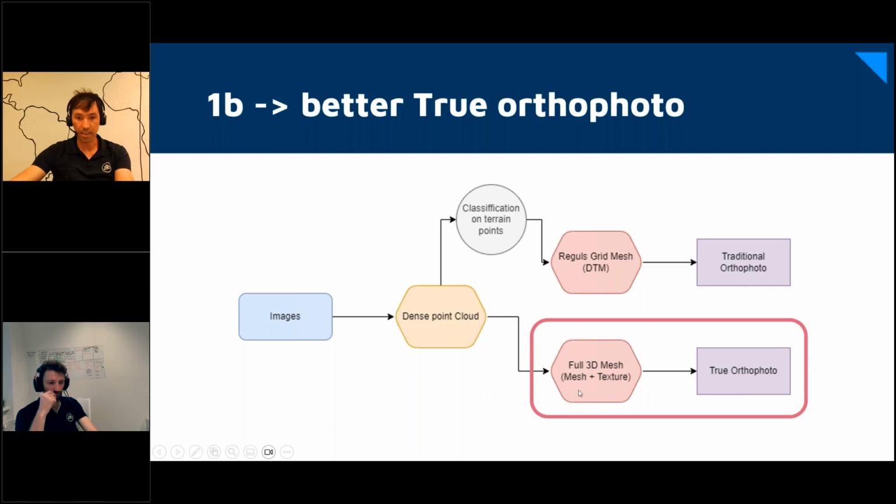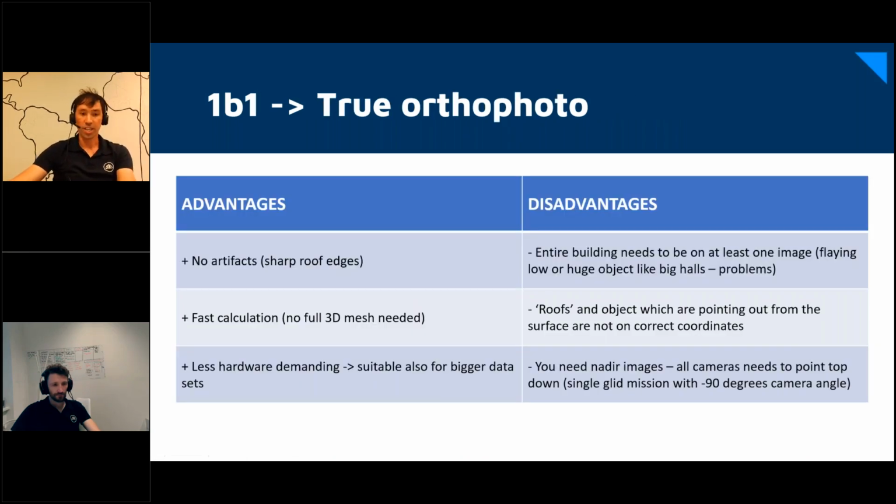The first step is mesh calculation, which is still the old one, but we improved the texture because this was the most time consuming part in the old version of 3Dsurvey. When this calculation is finished, we simply look at the model from a top-down view and we create a true orthophoto.